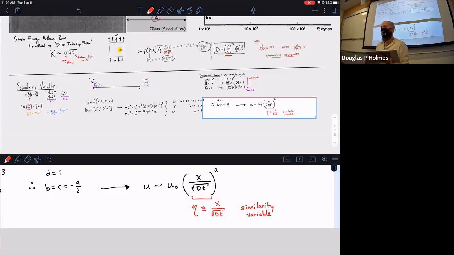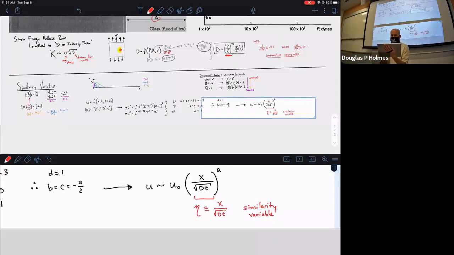Okay, so physically, what does this mean? I'm going to box this equation for us. This is important. So we have a similarity variable that we just found kind of just by looking at the dimensional analysis of this problem.